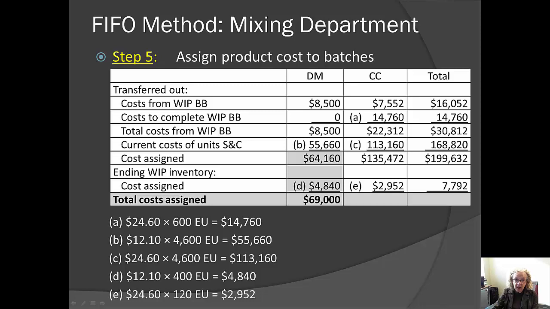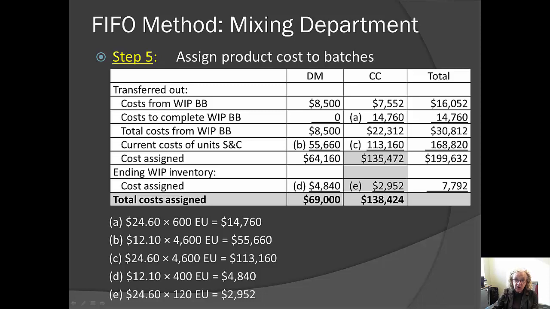We can add up the materials cost in the units that got done plus the materials cost in the units that didn't get done, and that must equal the total materials cost in step 3, and it does. We can do the same thing for conversion costs.